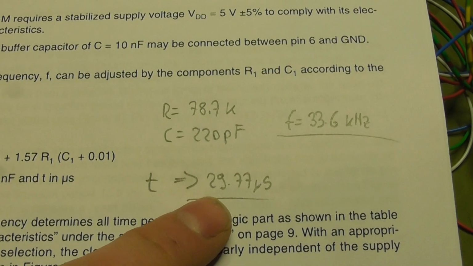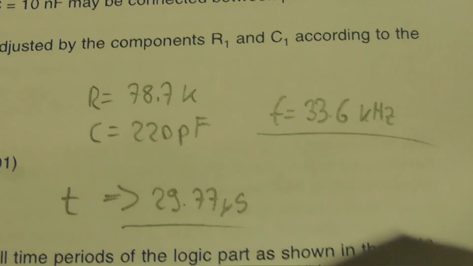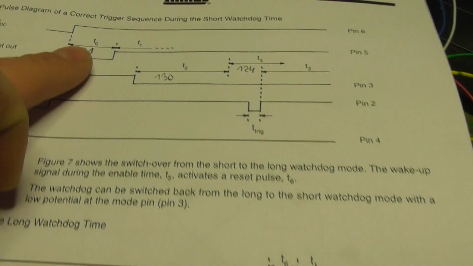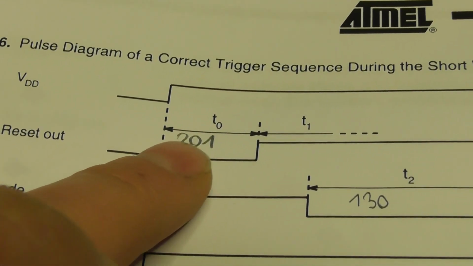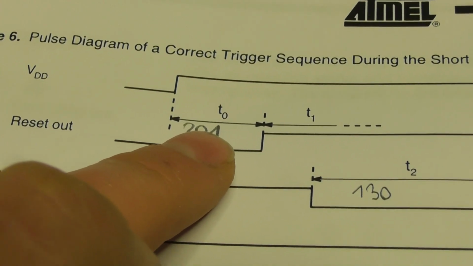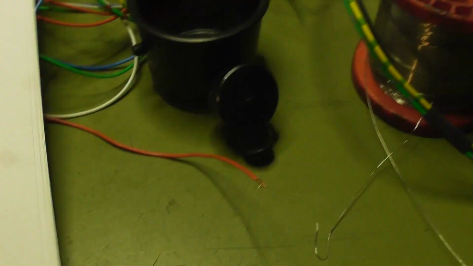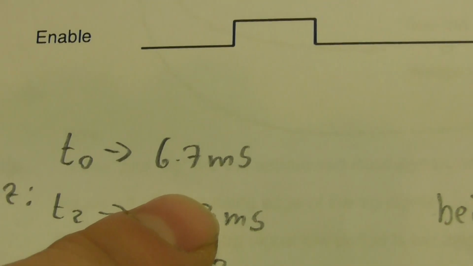Here, before, I have calculated one cycle takes this time. If we want to know how long, for example, this time here takes, I write it down here, 201 cycles, multiplied by this time here, T0 takes 6.7 milliseconds.